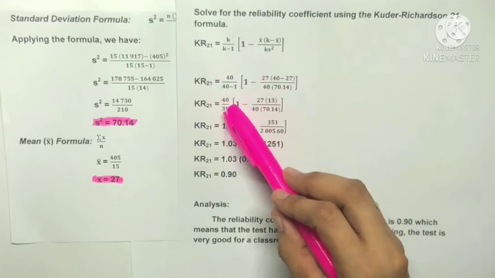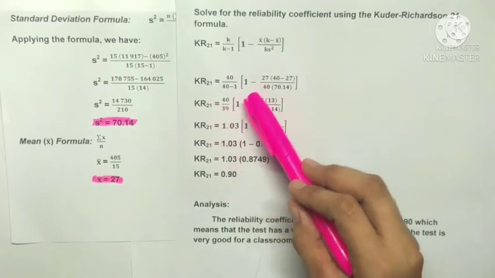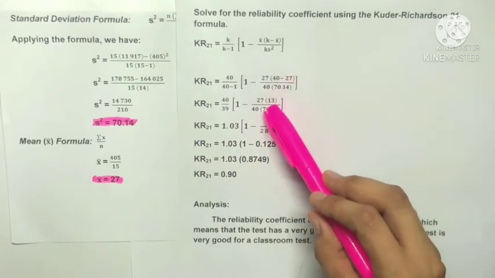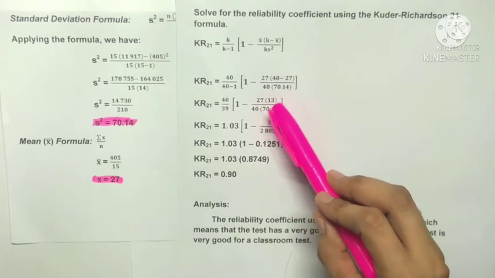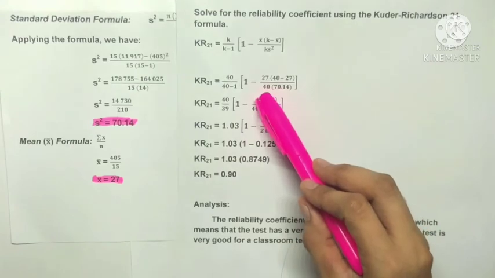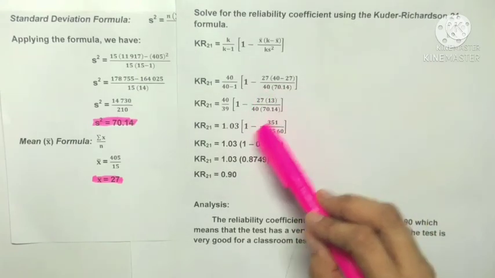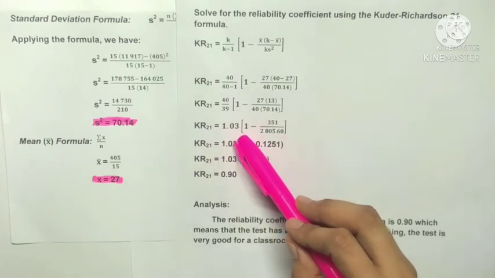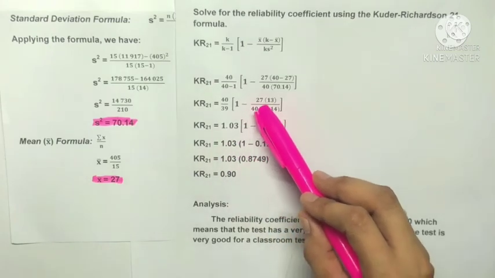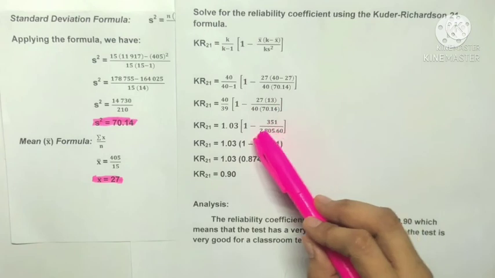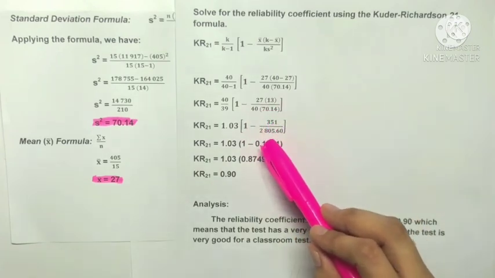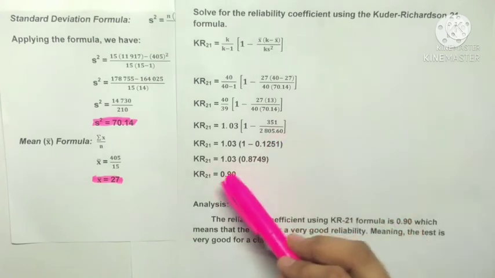So we will copy 40. 40 minus 1 is 39. We'll copy this. So 40 minus 27 is 13. So we'll just copy 40 and 70.14. So 40 divided by 39 is 1.03 times 1 minus 27 times 13 is 351 over 40 times 70.14 is 2,805.60.